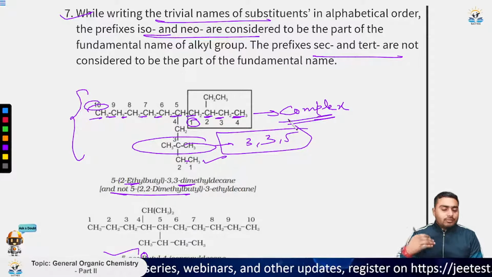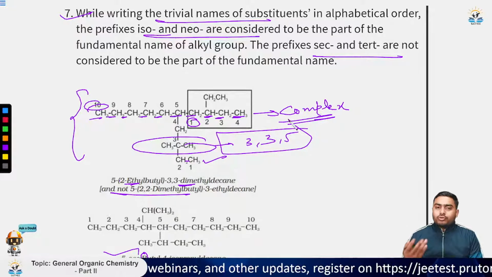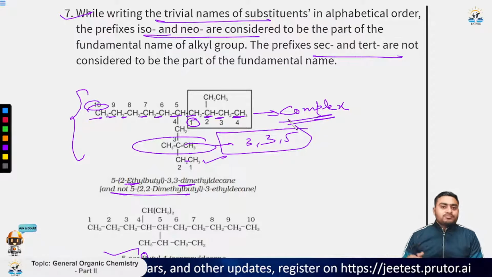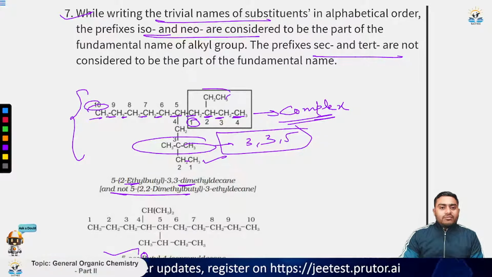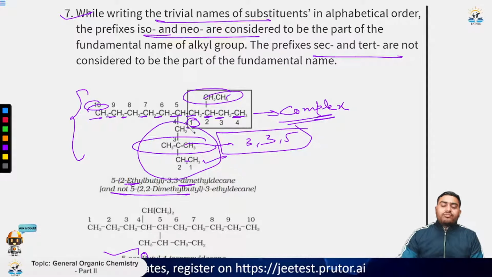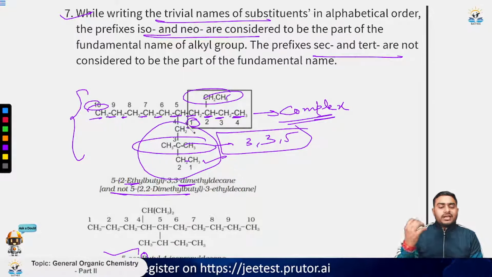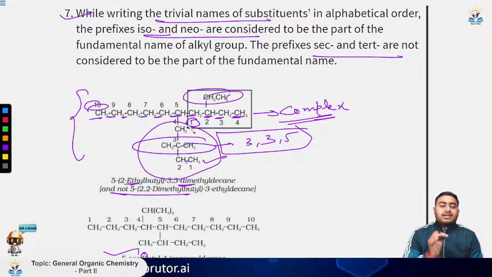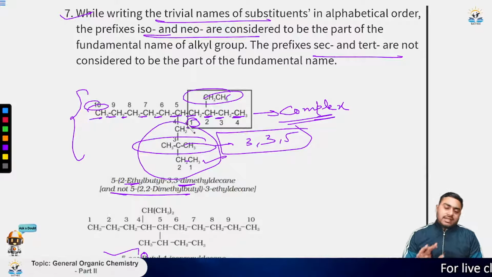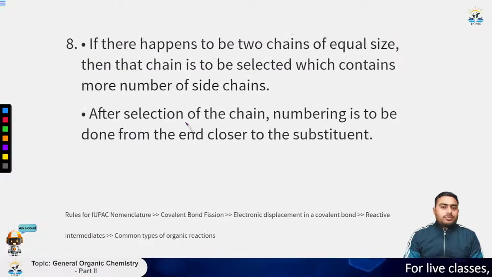But if you choose this straight chain, then you will get only 1 and 2 groups. Whether these two groups include the same number of carbon or different number of carbon doesn't matter. The point is that this straight chain includes a lesser number of side chains. That's the point number 8.